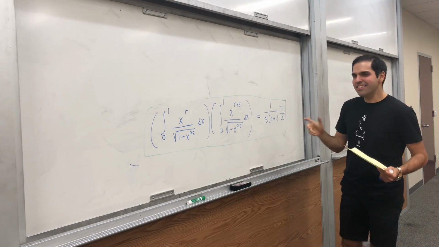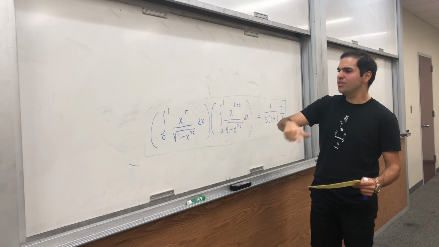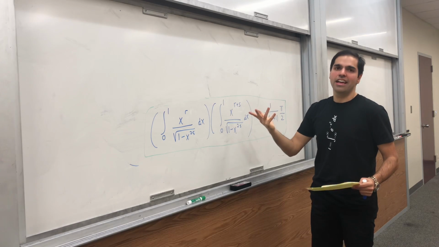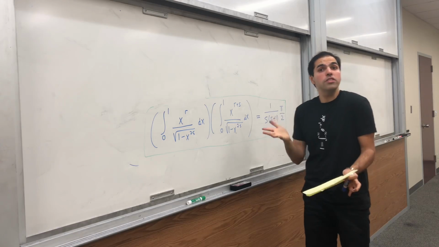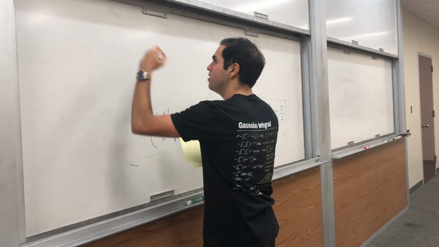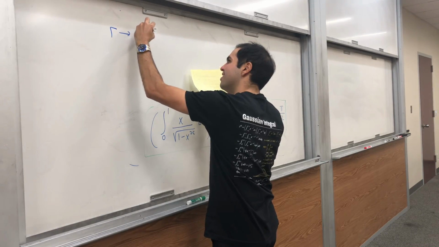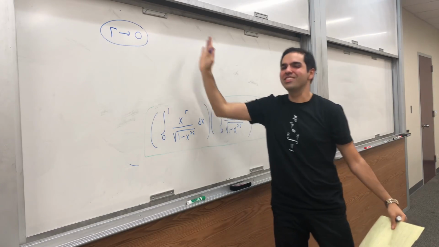There's a nice analysis inside here, because we would like ideally to let r go to 0 and s go to 0. And you'll see why in a second, but it turns out the order matters. So first, let r go to 0.